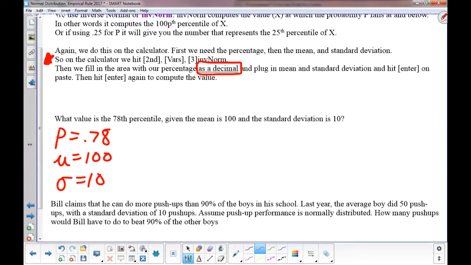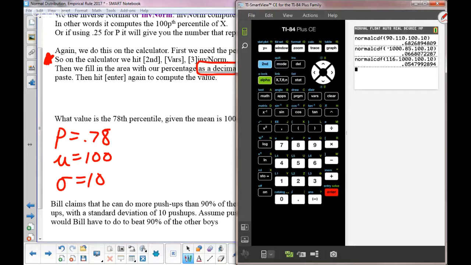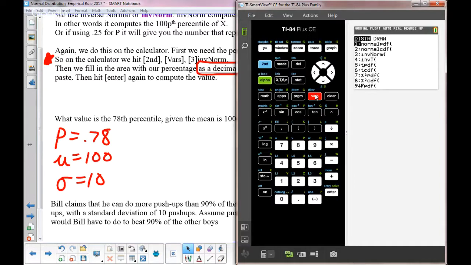So going back to the calculator again. Second VARS, number 3, inverse norm. For area, we're going to put in 0.78. Mean is 100, standard deviation 10.